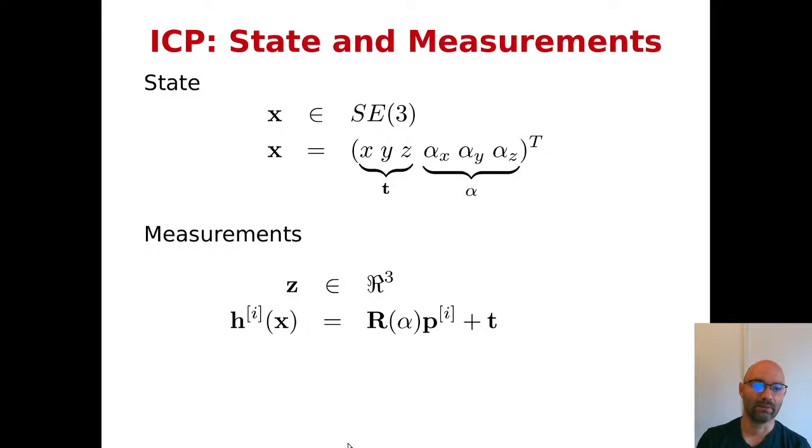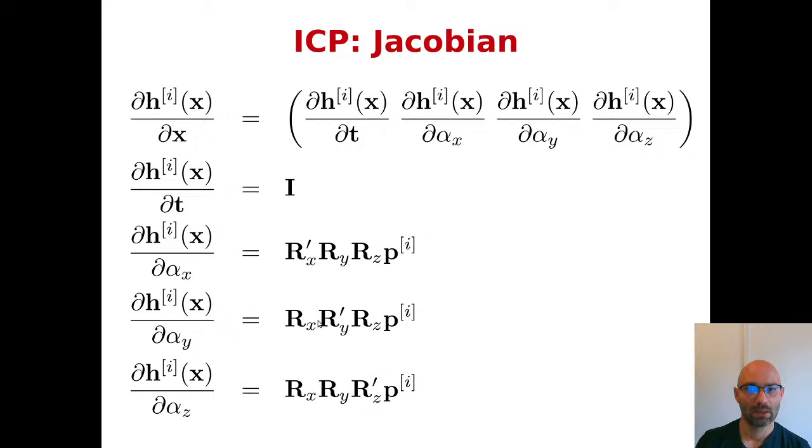And given that the measurement is Euclidean in this case, the derivative of the error function with respect to the state is equal to the derivative of the prediction function with respect to the state, because the measurement which will be subtracted here appears as a constant. So let's focus on calculating the Jacobian of this prediction function, which we know to be the same as the derivative of the error function for this problem.